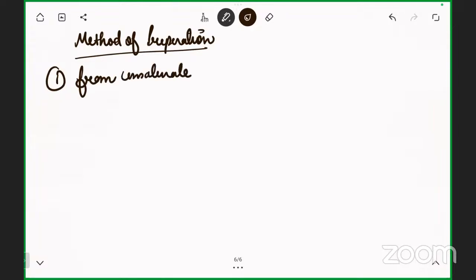The first method is from unsaturated hydrocarbons. For unsaturated hydrocarbons, I'm talking about double bonded and triple bonded compounds.